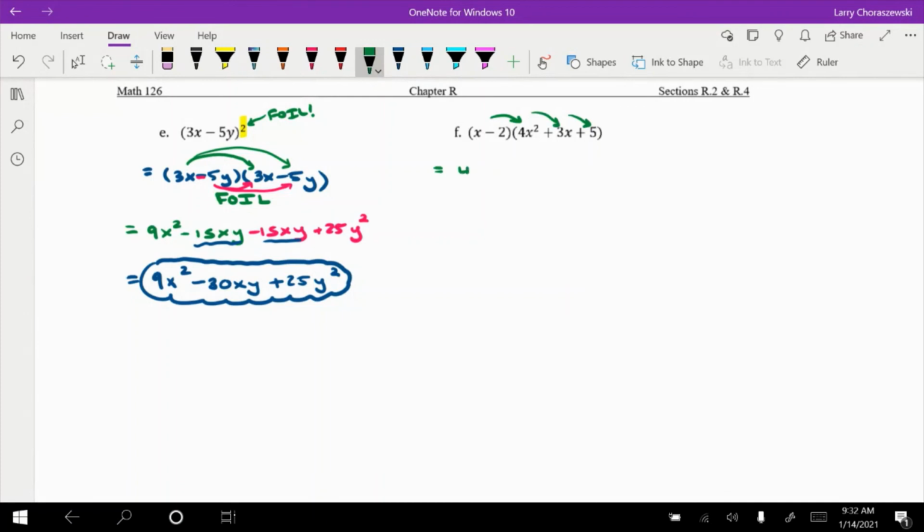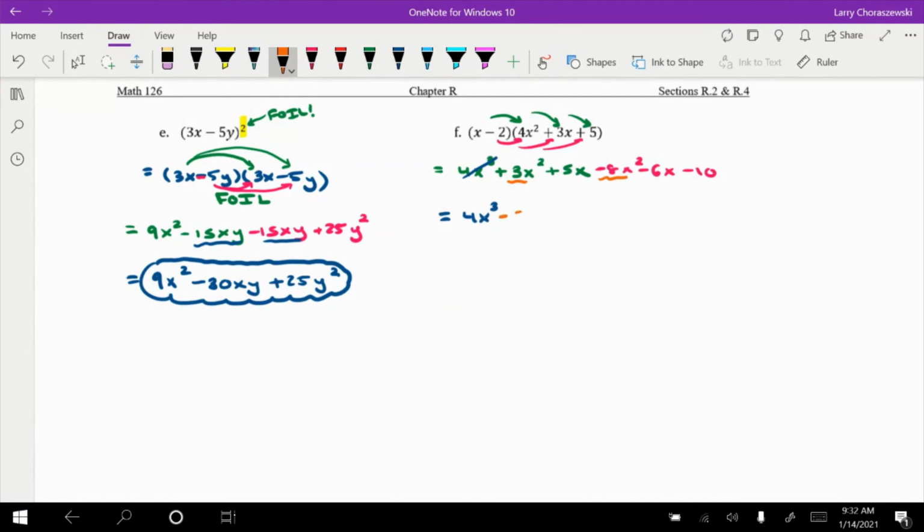So x times 4x squared would be 4x cubed plus 3x squared plus 5x. You can come back around with the negative 2. We'll have negative 8x squared minus 6x minus 10. Combining like terms, well, 4x cubed doesn't have anything to combine with. 3x squared does, though, with negative 8x squared.